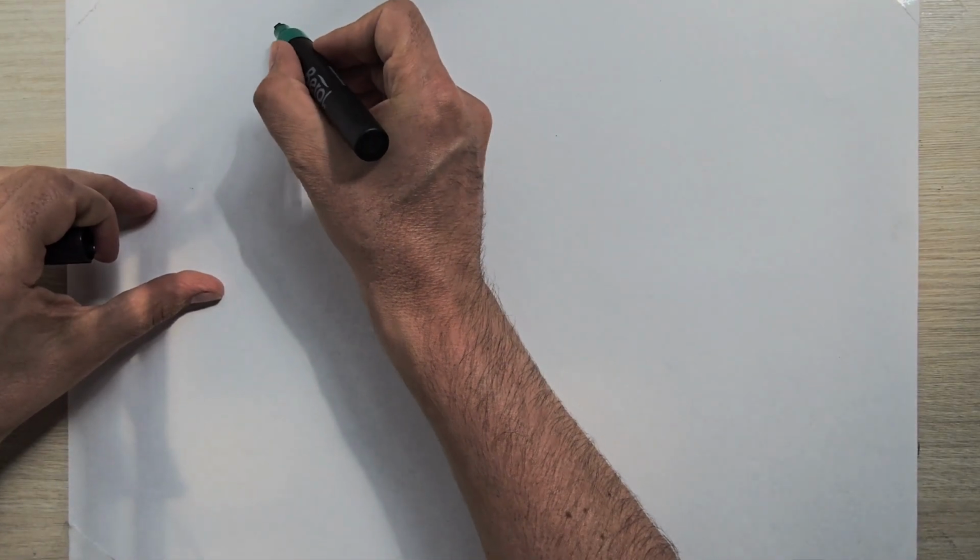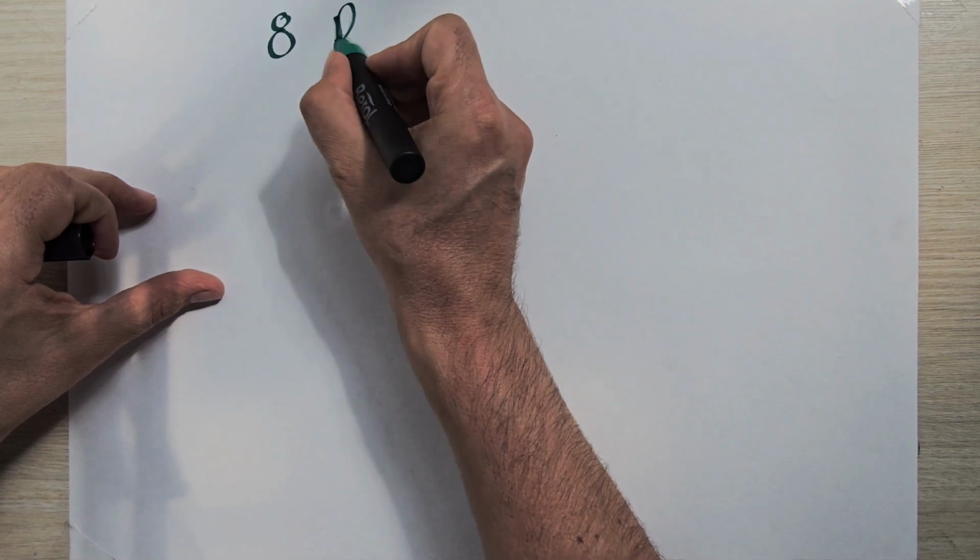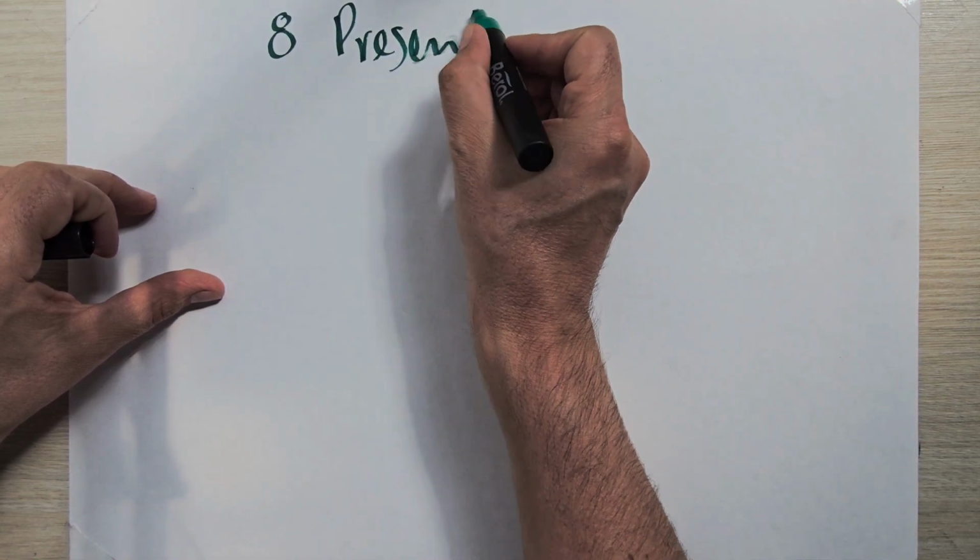I told you I was going to give you the eighth tense, the present perfect. In Spanish, Pretérito Perfecto. This tense is essential if you're learning Spanish from Spain, because they often use it instead of the simple past. The eighth tense that I would recommend to study is the present perfect.